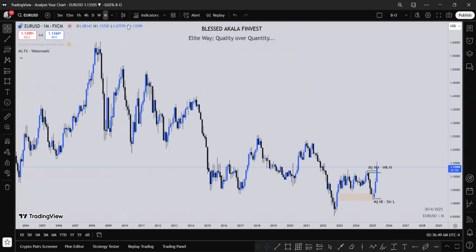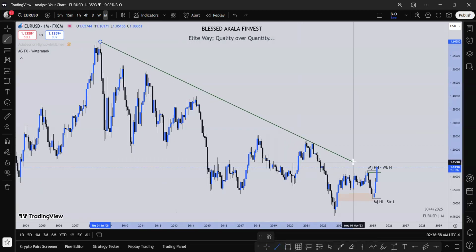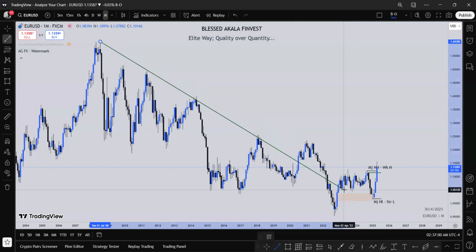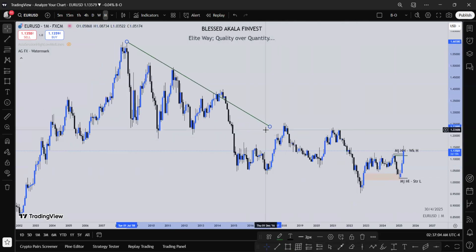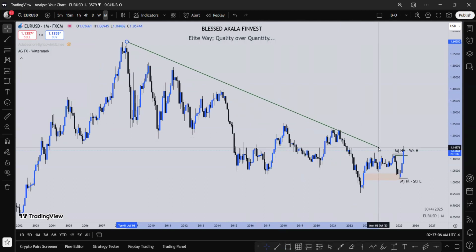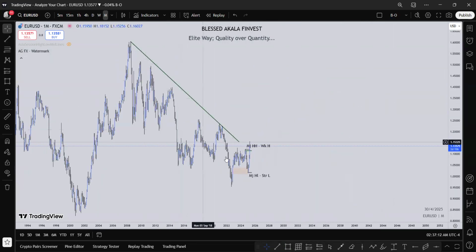Honestly, all these levels here can be raided this year, and anything can happen in the market, as you can see. But we have this particular leg here, which is not yet filled, and this leg happens to be the same thing. So I'll be anticipating all this massive movement in the market because we have a very, very big order block here.